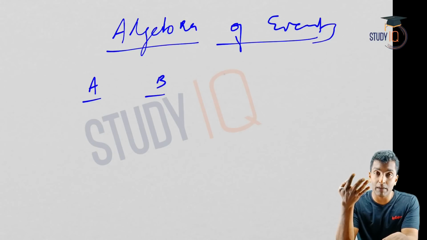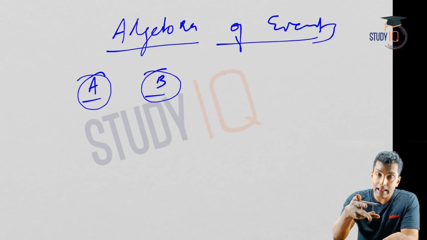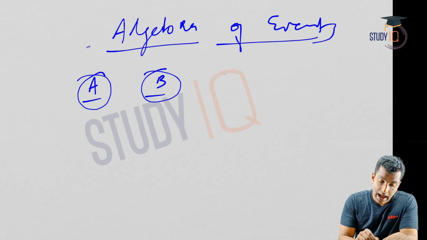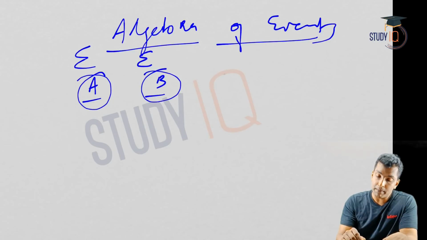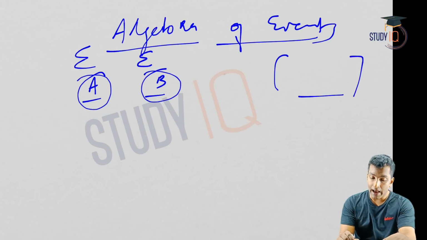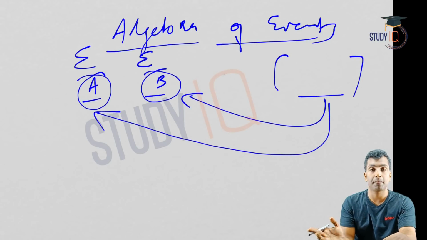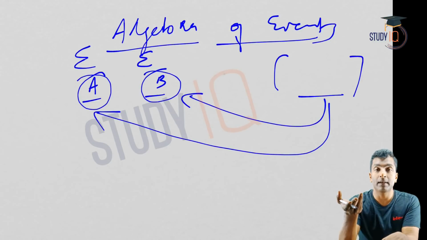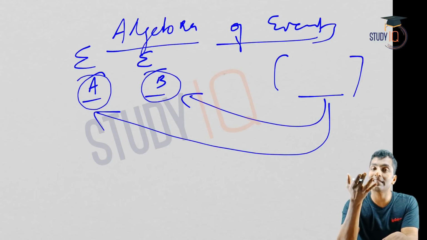So how are you going to create more subsets with these two subsets which are given? Clearly when I'm saying event A and event B are given, what I mean to say is, from the sample space I have been given one subset that is B and the other subset which is A. Because from the sample space, if you take any subset, that is an event.